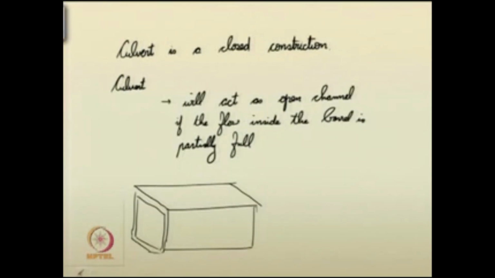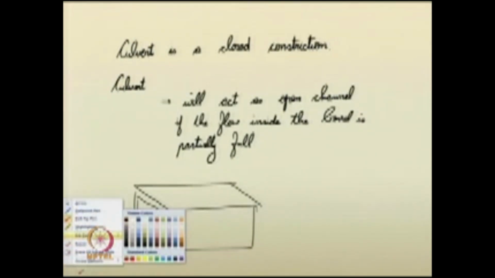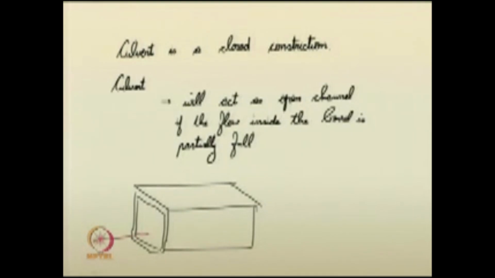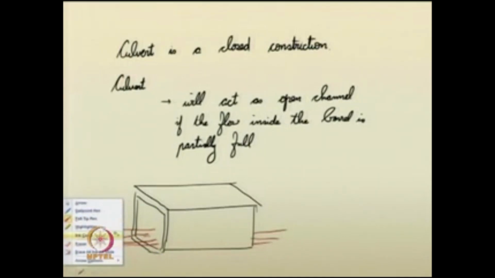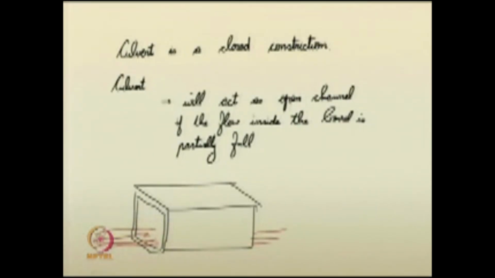Water is getting drained through the culvert like this. Water will flow like this and it will come out, right. So, this is the barrel of the culvert. I can now say that this portion is the barrel of the culvert.